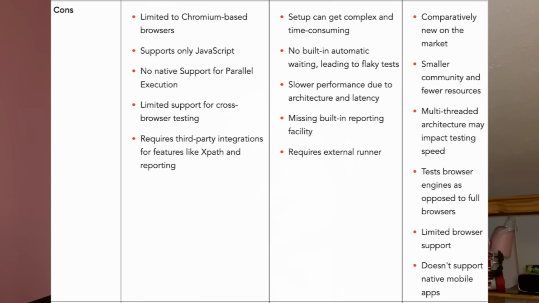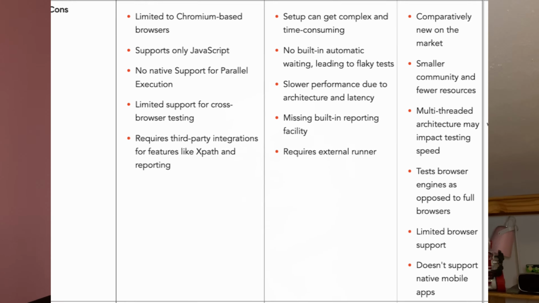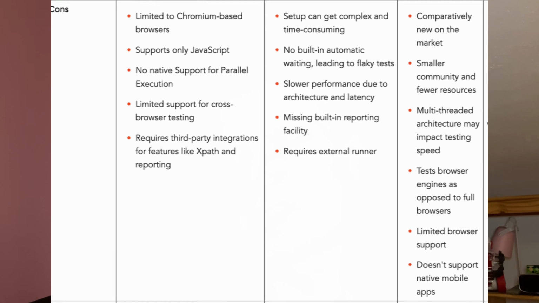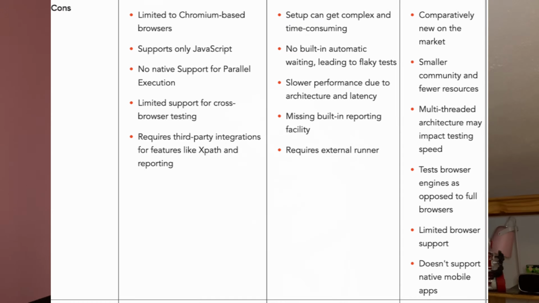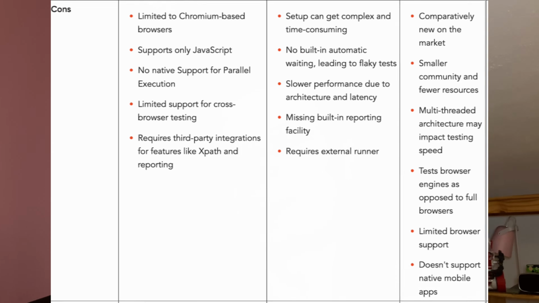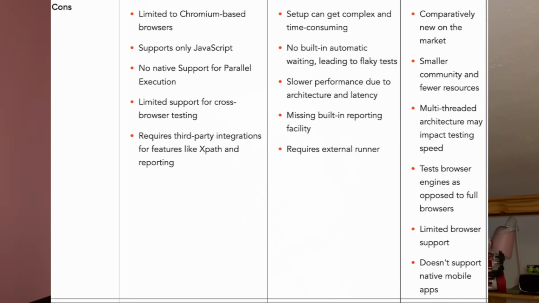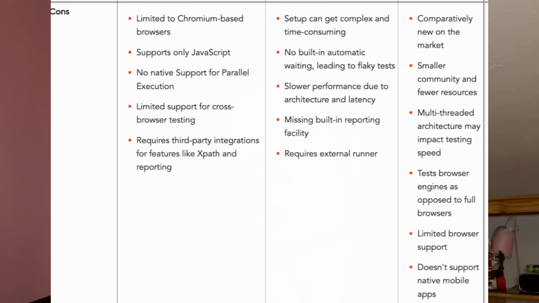Let's jump to cons. For Cypress: limited to Chromium-based browsers, supports only JavaScript, no native support for parallel execution, limited support for cross-browser testing, requires third-party integrations for features like XPath and reporting.